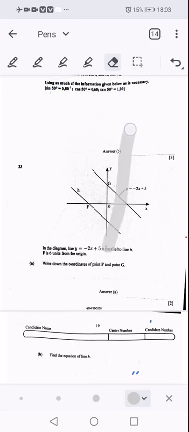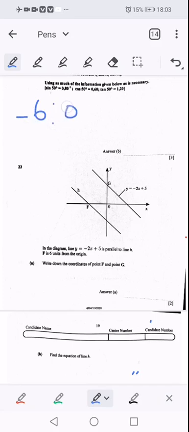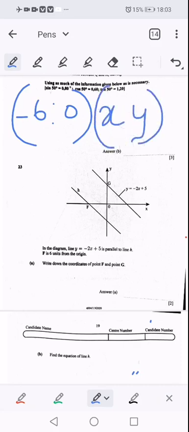Right, then the next question says find the equation of the line h. Take one point, say we get -6 and 0, like this. Then we introduce our values x and y to that, equal to the gradient of the line.